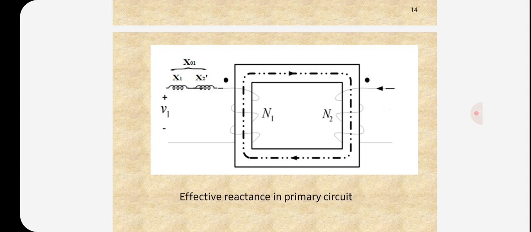It is referred to secondary when primary leakage reactance x1 is transferred to the secondary. It is multiplied by k square, then it is known as equivalent primary reactance referred to secondary and is denoted by x1 dash.